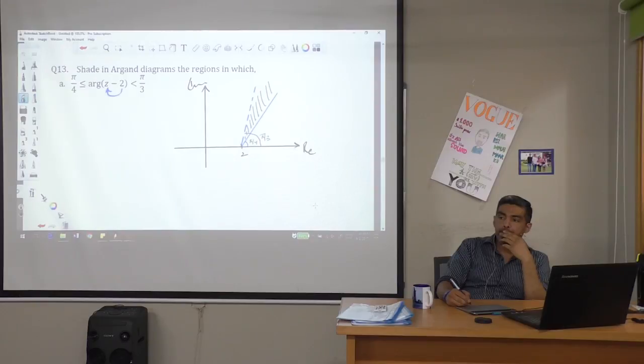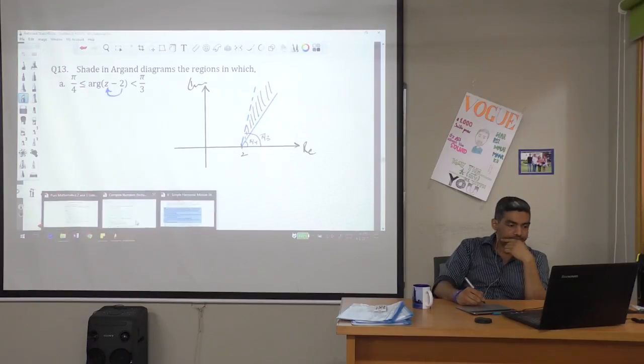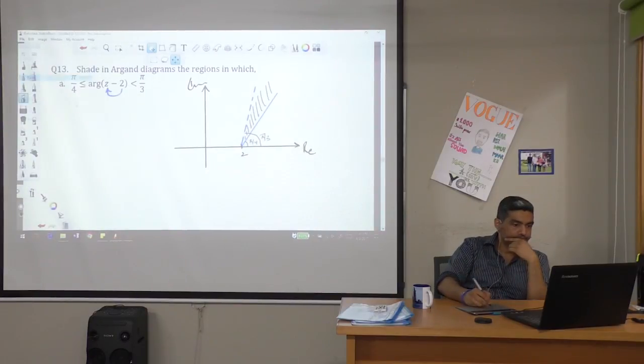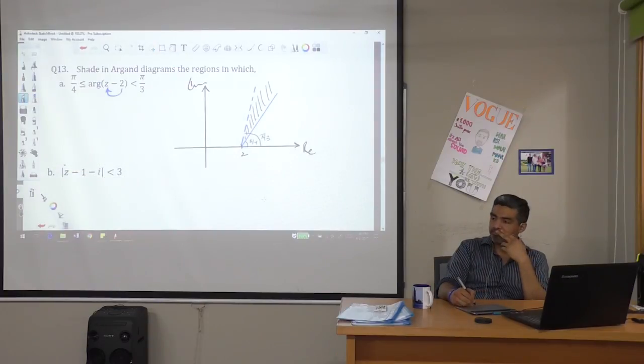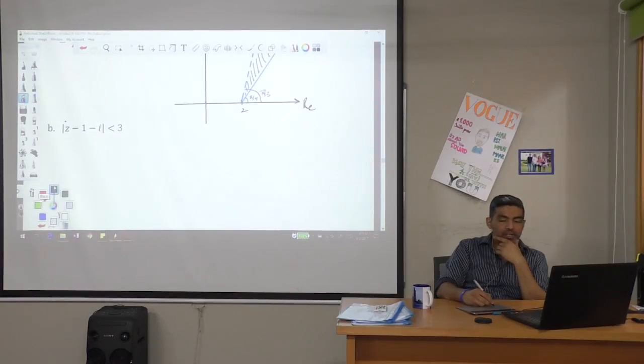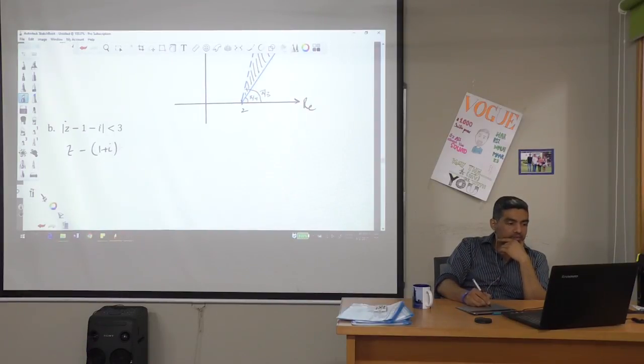Are we all good? Okay, now I hope you recognize this as a circle. The modulus of z minus z1 less than 3. So that would be the circle. Right? First let's do the modulus of z minus z1 so that you know exactly what z1 is. The modulus of z minus 1 plus i.